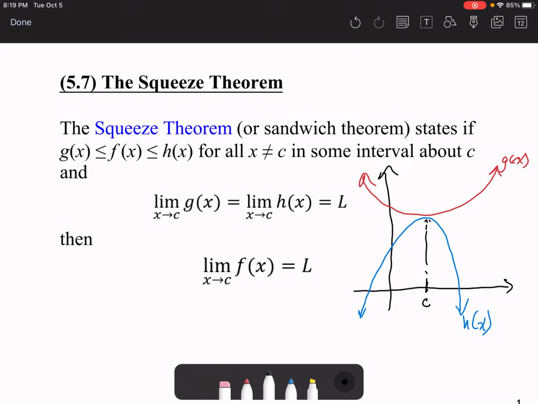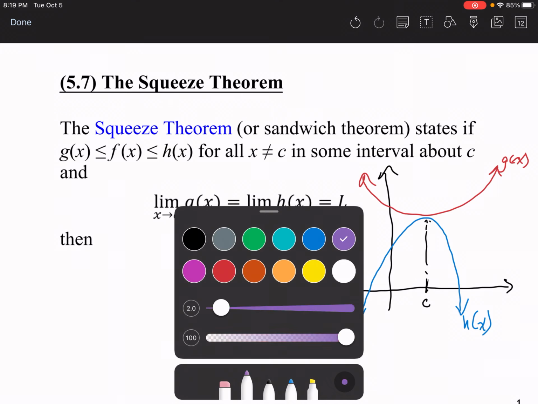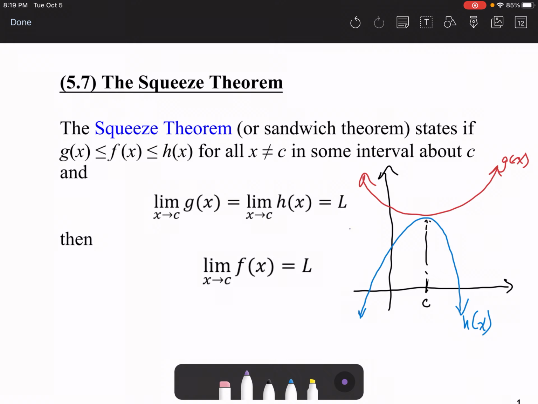So let's say we do have another function that is called f of x. It goes right between these two functions, right here, at the same spot.